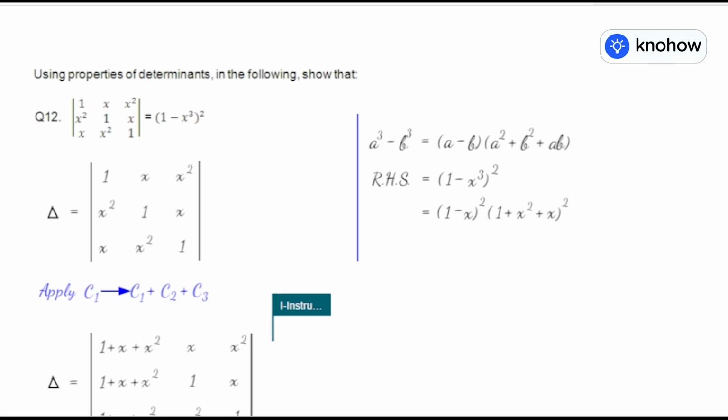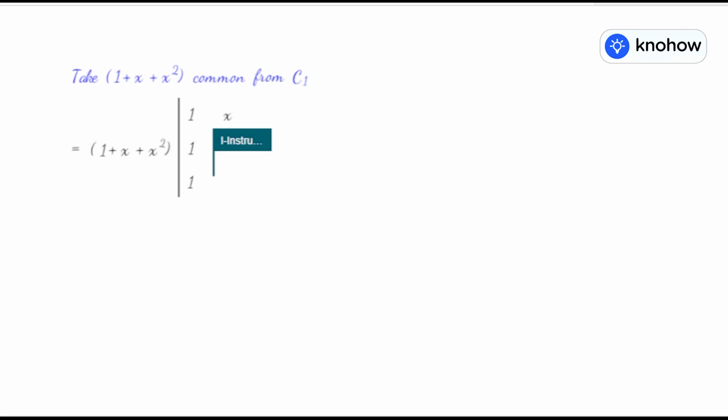Obviously, we take the factor 1 plus x plus x squared common from C1. So you get column 1 as 1, 1, 1, and columns 2 and 3 remain the same.